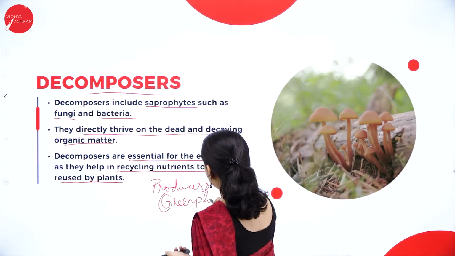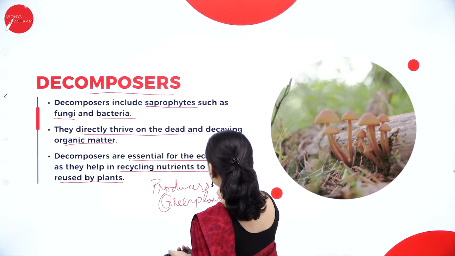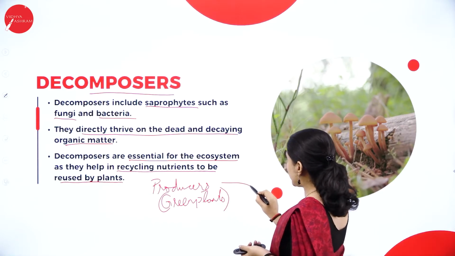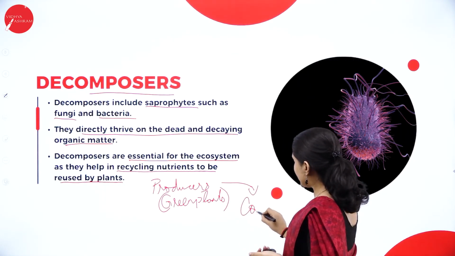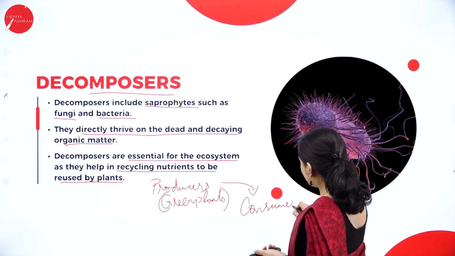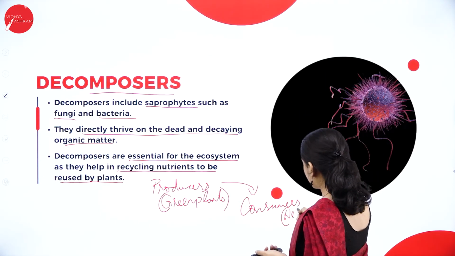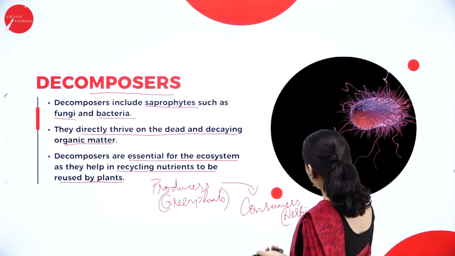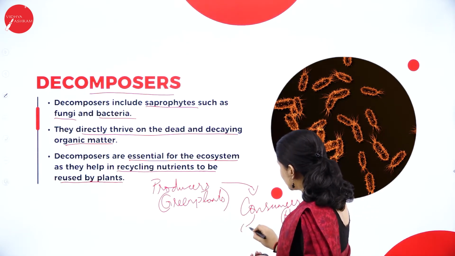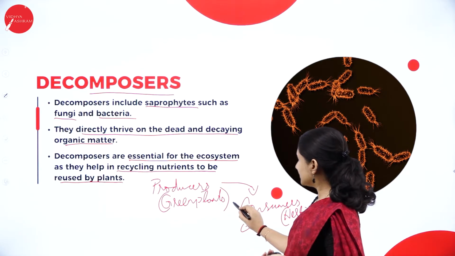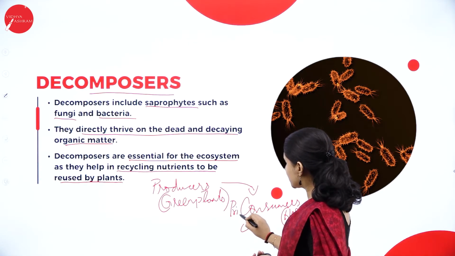So these producers will be eaten by, as I told you, the consumers, right? So consumers will be the herbivores. The herbivores will be feeding on the producers. Next, these consumers will be eaten by the primary consumers. I'll just write in short form.